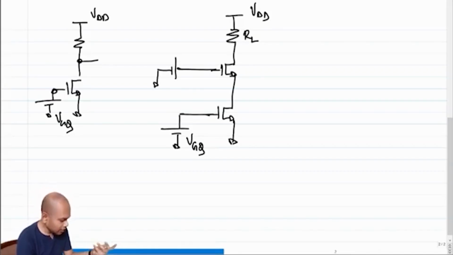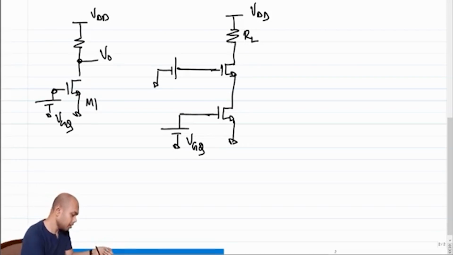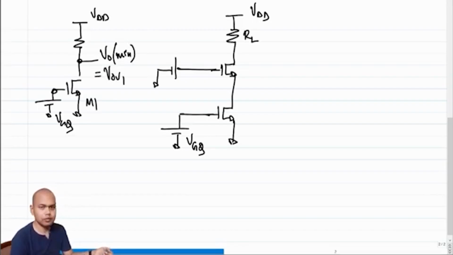Let's assume, what is the absolute lowest voltage that you can bias the transistor M1 in a common source amplifier at? V0 can be as low as VGQ minus 1 threshold voltage, right? So V0 min can be equal to V overdrive of M1.